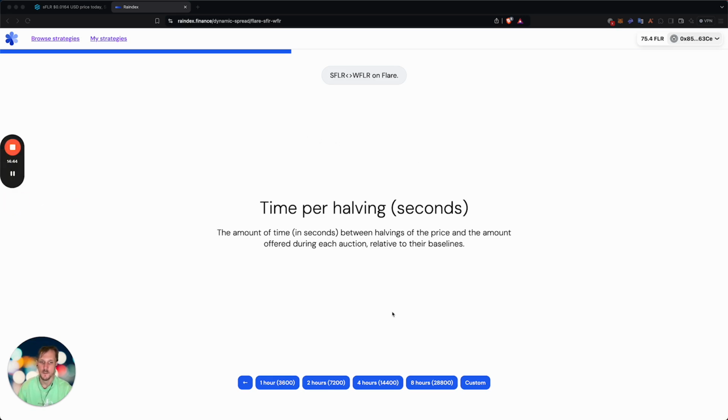The slower that you make this, just like the previous question, the longer it's going to take to make the spread tighter. So if you make this very slow, then the spread is going to stay wide for longer, which means you're only going to trade when the spread is wide, which can be a good thing. That just means that you're relatively uncertain. So you don't want to overcommit to any particular price.